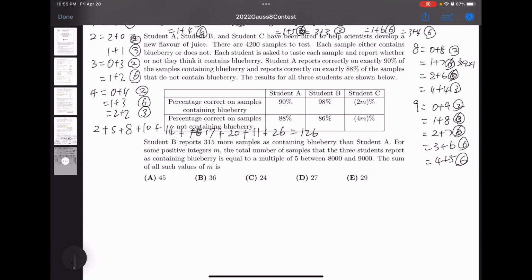Alright, so if we set x to the number of blueberry samples, then 4,200 minus x is the number of no blueberry samples.